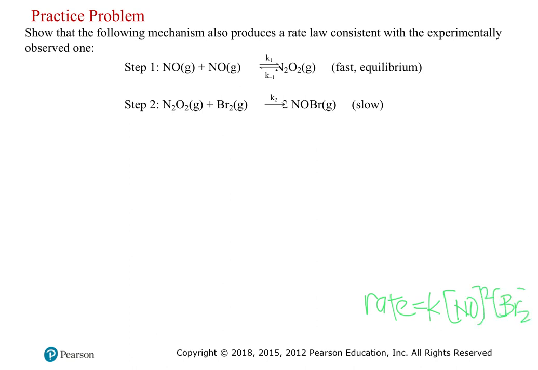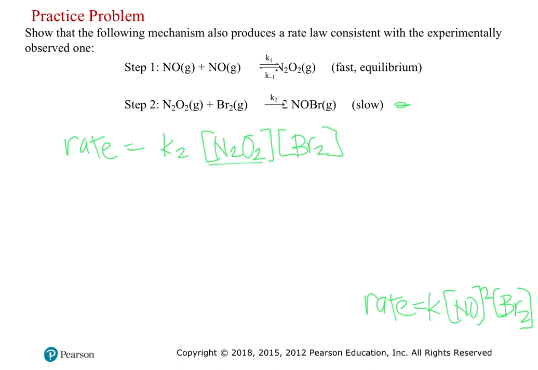So we need something that will agree with that. If we look at the first step, that's fast, so we need to write the rate law based off the slow step. So rate equals K2 times dinitrogen dioxide and bromine. Okay, cool.